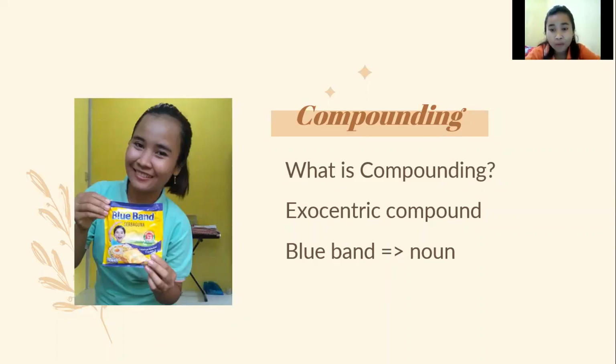It is an exocentric compound because its meaning doesn't follow from the meaning of its parts. Blue Band is not a color blue, or a band that has blue. It is a brand of butter and has a yellow color. Next.